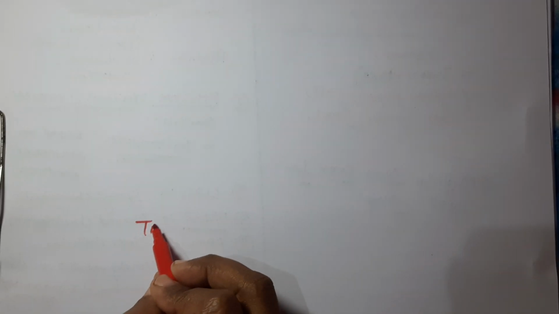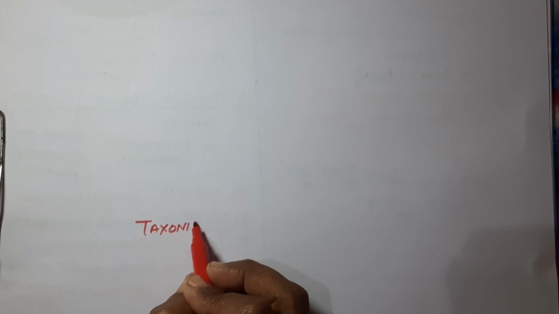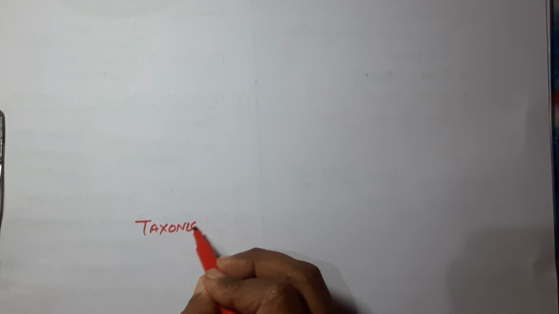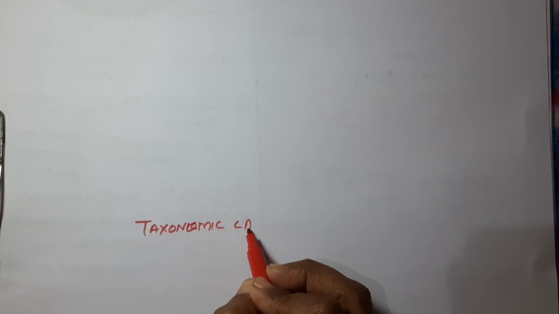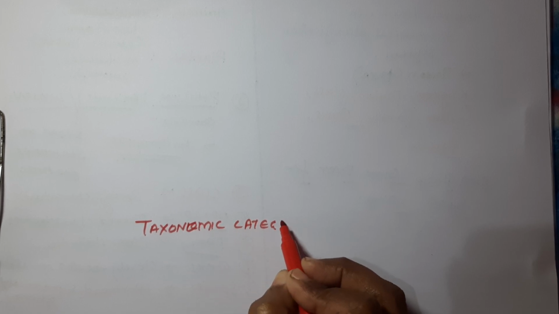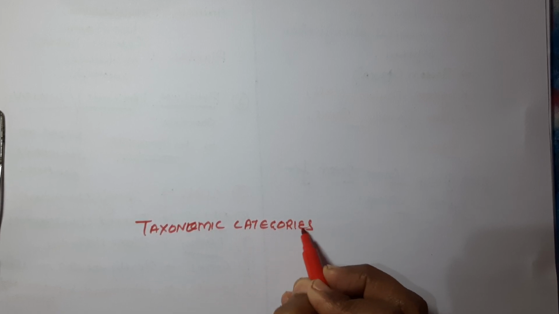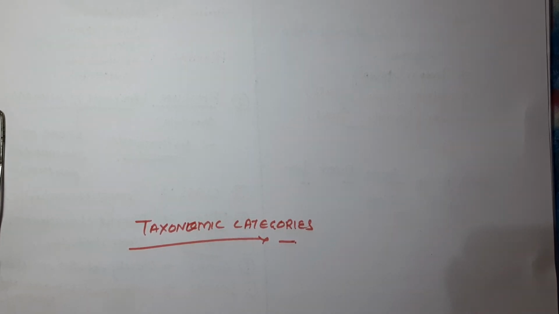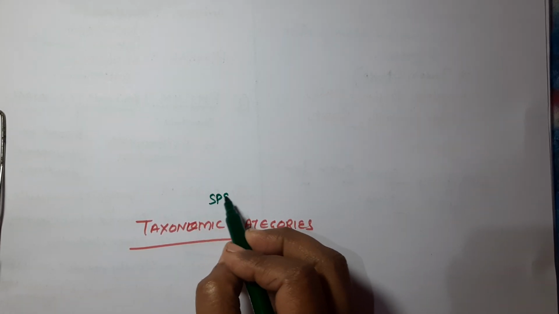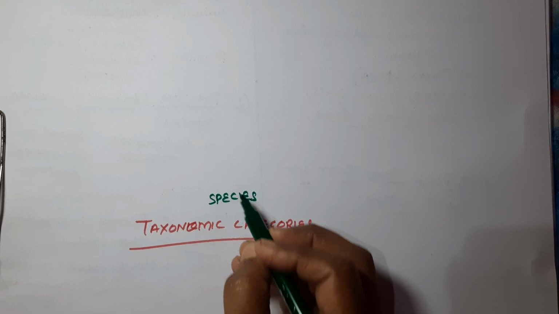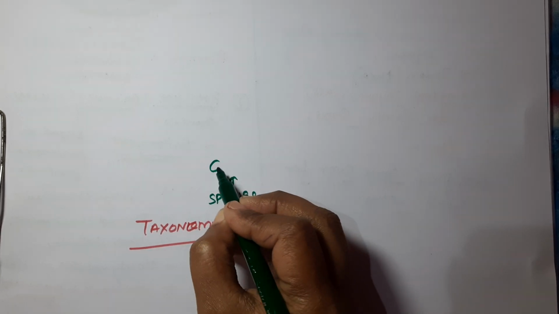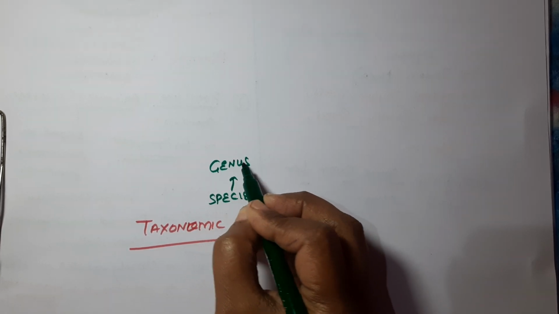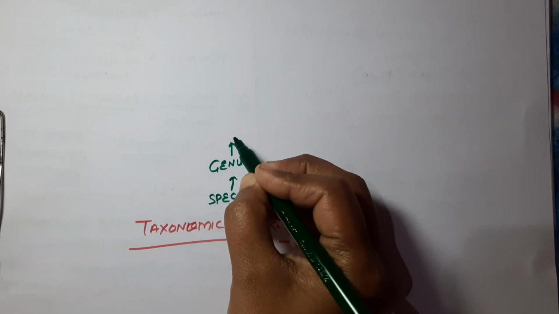Okay, so before closing the video, the taxonomic categories, you can remember, I told you how to remember it. Okay, but if we start from the base, then first comes the species. Okay, then genus. This we are starting from the down.